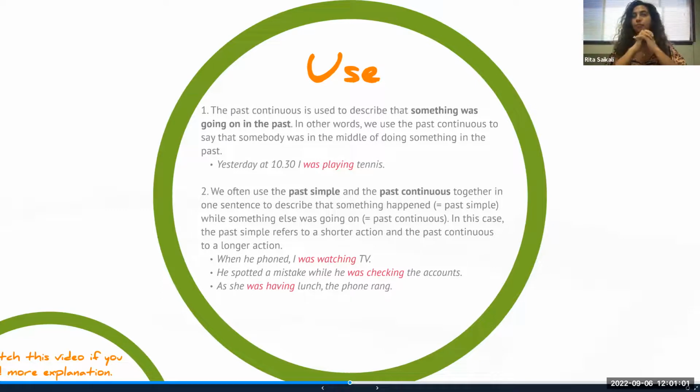I was running. That's it, right? But there is an assumption that something was happening and it got stopped. So again, it's the same as in Spanish. We use it in the same places.